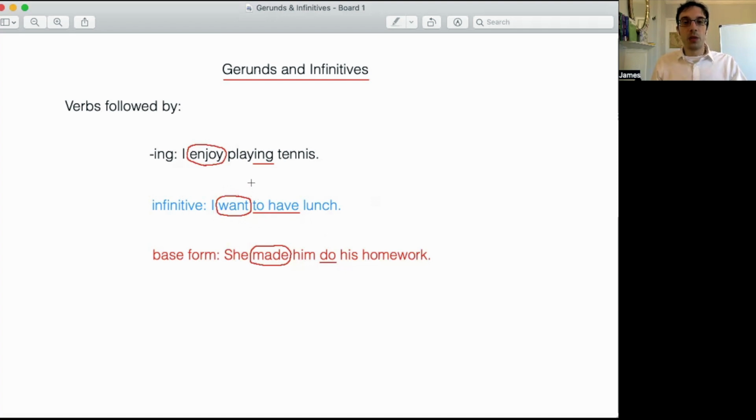So in English, we have a variety of verbs or words and phrases that are followed by ing, and then we have a variety of them that are followed by the infinitive. And unfortunately, there is no one good rule for them. And this is why I said in the intro that you'll still be learning about this at the very advanced levels of English.